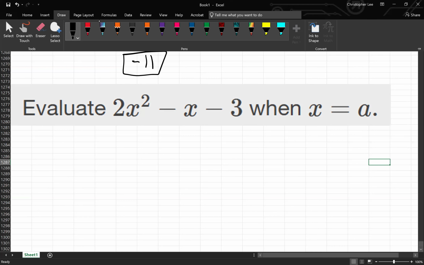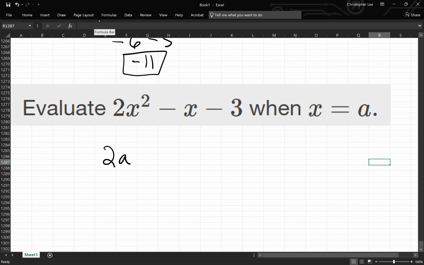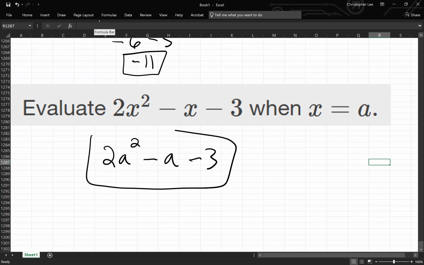Tell me what to write. No, I'm not plugging in a number for a. A is what I want you to plug in. Okay. What else? Perfect. That's the whole answer. You're done. Well done. That's it. Just plug in a.